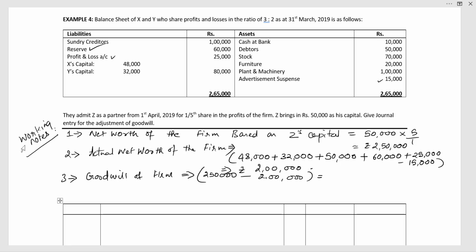We get the goodwill of the firm equal to rupees 50,000. Final step. Z's goodwill is equal to the goodwill of the firm, rupees 50,000, multiplied by Z's share in profits, 1 by 5, which comes to rupees 10,000.